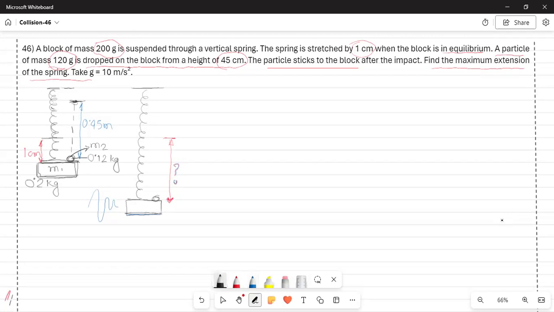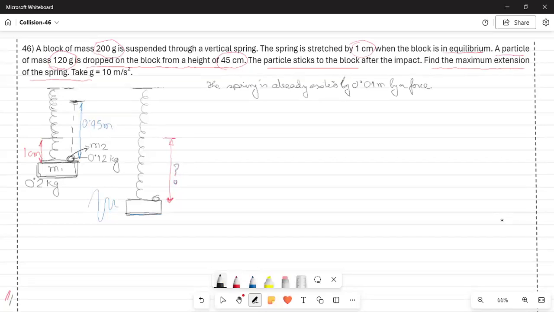Now we start this way. The spring is already extended by 1 centimeter, that means 0.01 meter, by a force.